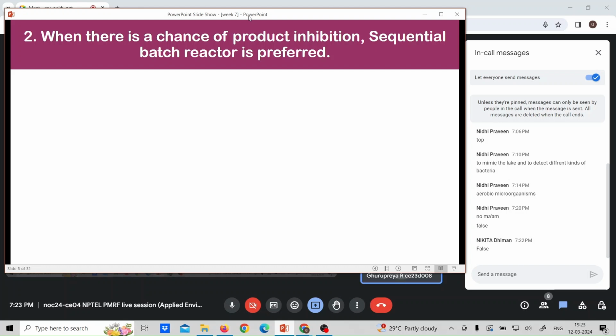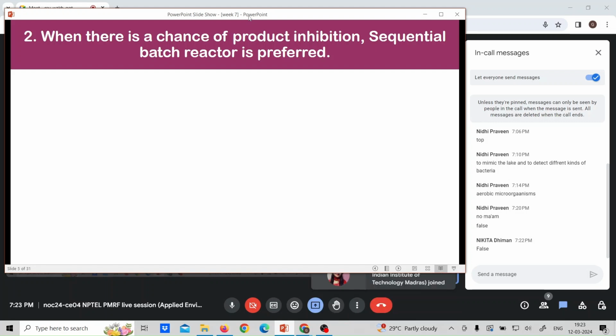Now let me ask you, how many of you have no idea about a sequential batch reactor? You can just give a thumbs up, that's fine, so that I know that you don't know about a sequential batch reactor. Okay, that's good.